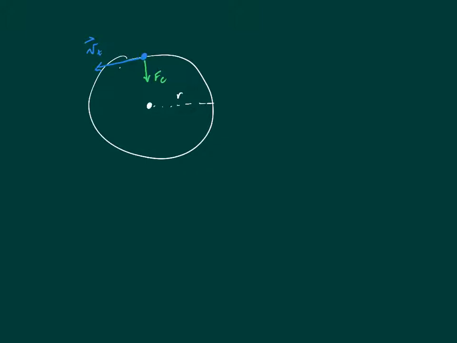However, let's just think about the stuff that we do have here. We have tangential velocity, and the units for velocity are meters per second. We also know a radius, which is in meters.